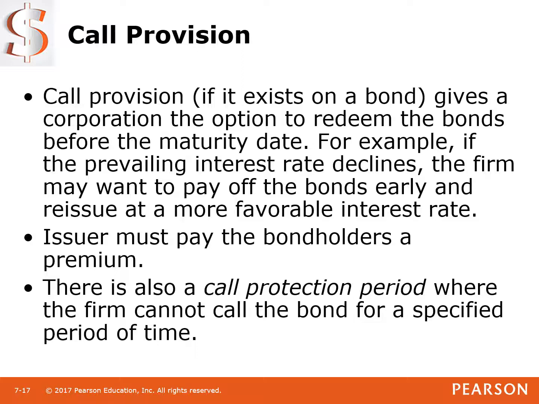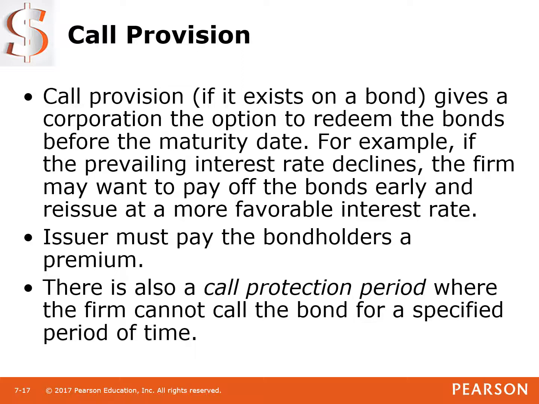Well, generally, a corporation will wait till the bond matures to pay it back. But if there's a call provision, it gives the corporation the right to redeem or pay back the bonds before the official maturity date. For example, if the prevailing interest rate declines, the firm may want to pay off bonds early and reissue at more favorable interest rates.